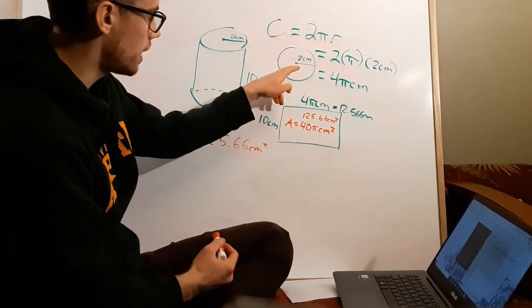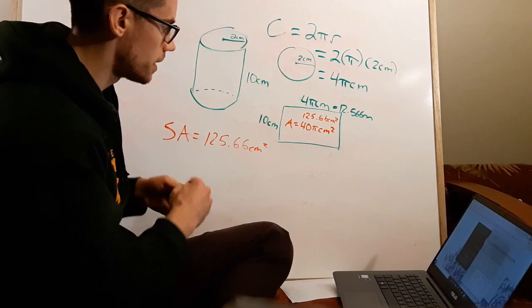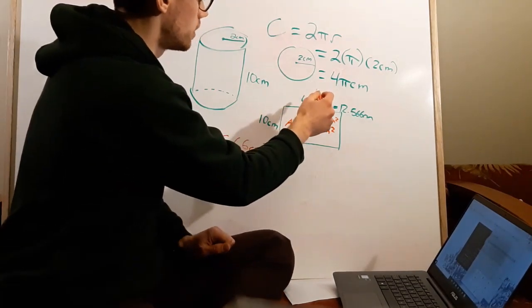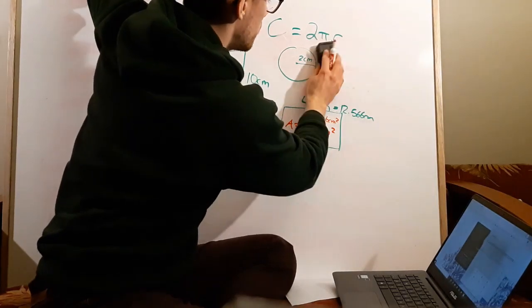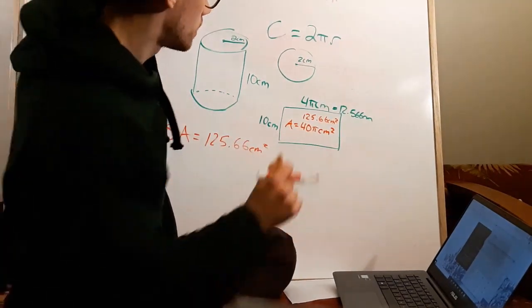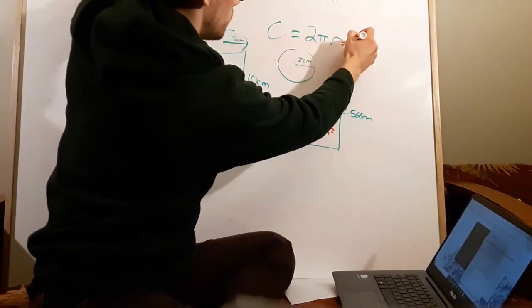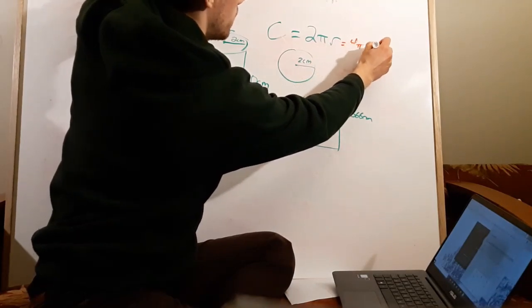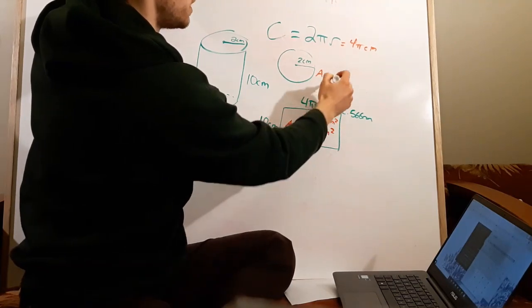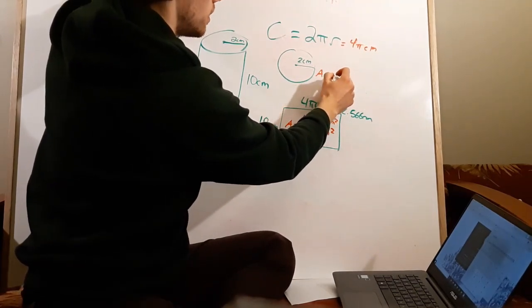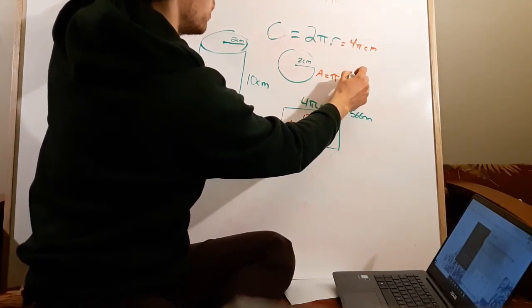Then I have to add the area of this circle. The circumference, remember, was 4 pi. If I want to find the area of this, that's going to be, again, the formula on the board, pi r squared.